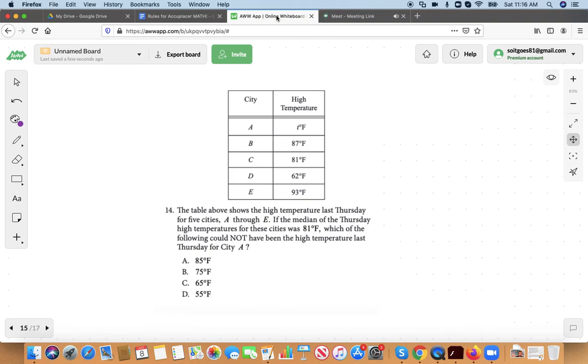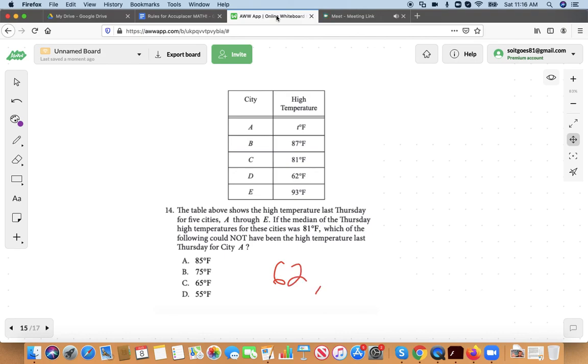Here's how we're going to test it. We're going to plug that into the list from smallest to greatest, and we're going to see if the median high temperature is still 81. Does that make sense? Let me do it, and we'll just do this together. What's the smallest? 62.